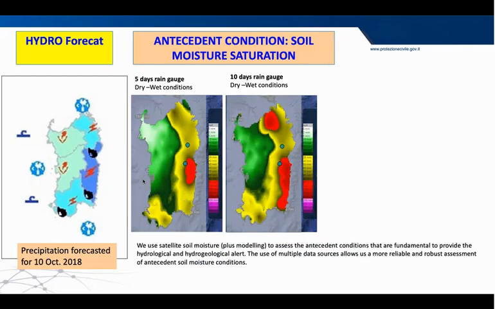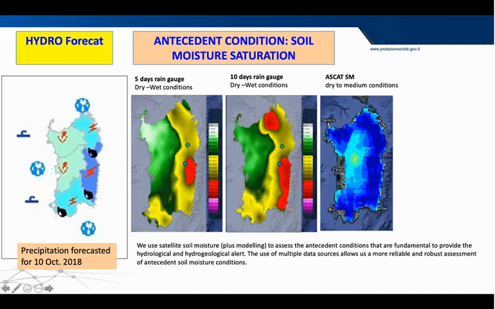What can we do to have information about the antecedent condition of the soil? Generally, many European organizations, also at national level, use the antecedent precipitation in the last 5 days or 10 days, measured by ground network, generally by rain gauges or by radar data.